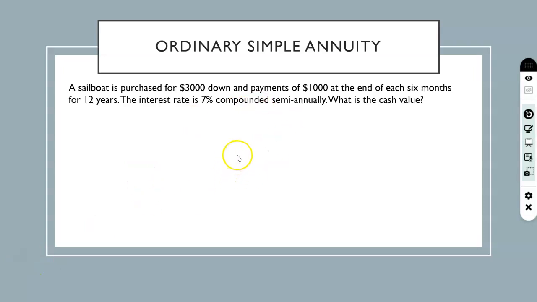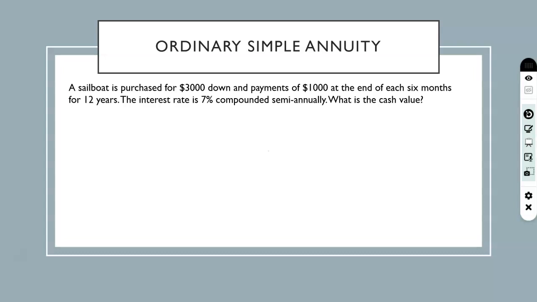So here is another example for calculating the present value. A sailboat is purchased for $3,000 down and payments of $1,000 at the end of each 6 months for 12 years. The interest rate is 7% compounded semi-annually. What is the cash value? Loan problems, cash value of a property, lease problems, all these are related to the present value.